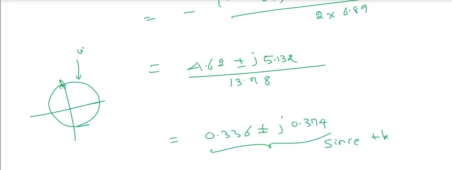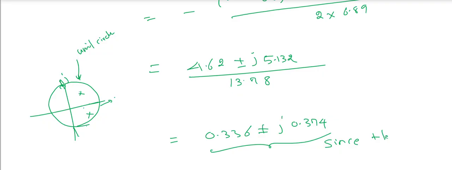This is the unit circle. 0.336 is the real part, and this is j. So in the z plane, 0.336 plus or minus j 0.374.